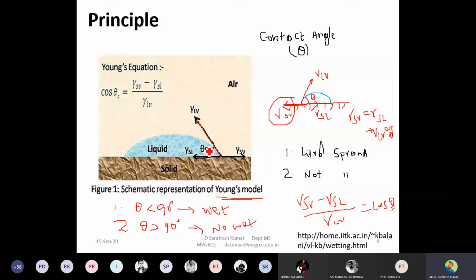So the contact angle between the surface of the component being examined and the liquid dye should be less than 90 degrees. Only then are you getting good results. And for that to happen, the solid surface should be clean.